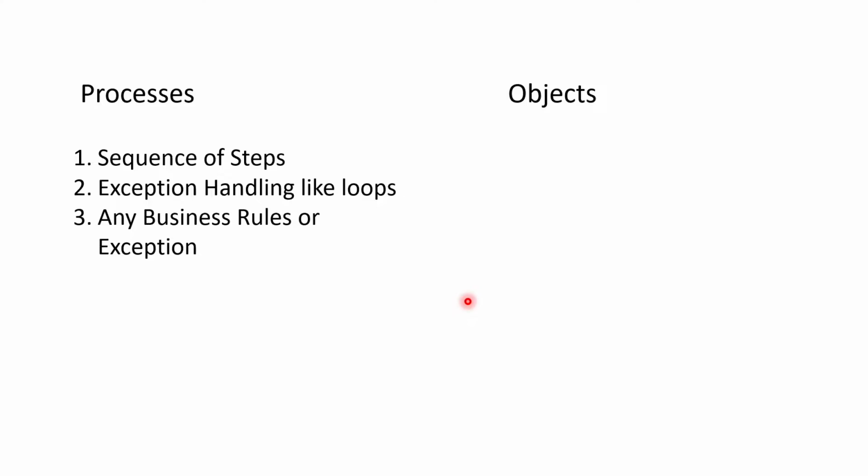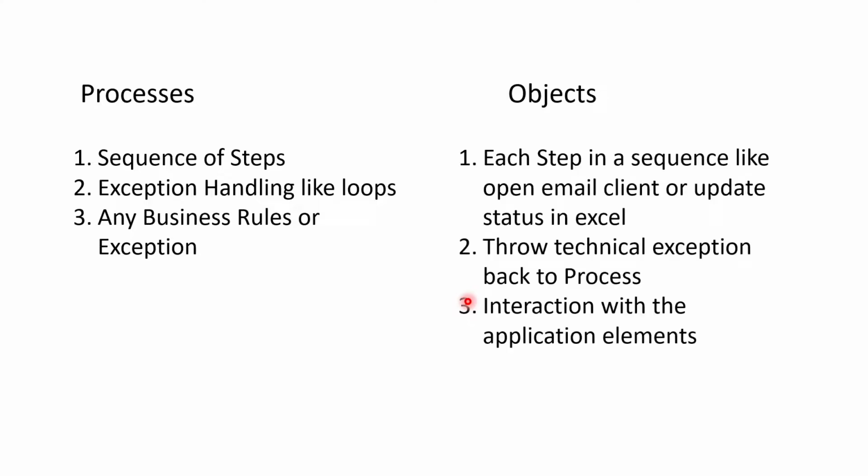But each step's implementation, when I say open email, actually interacting with the email client to open it, will be implemented in the object layer. Likewise, actually going and updating the status in Excel will be on the objects side.